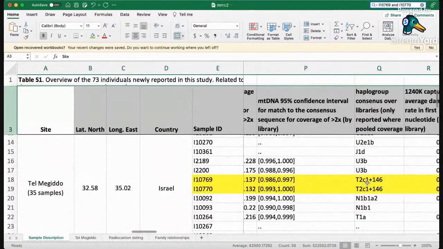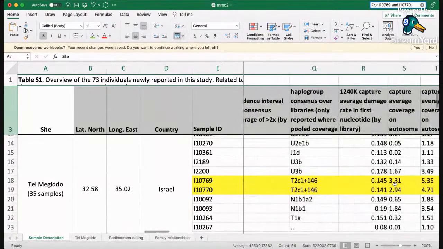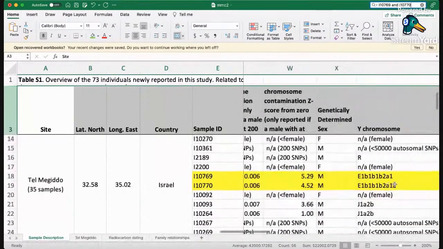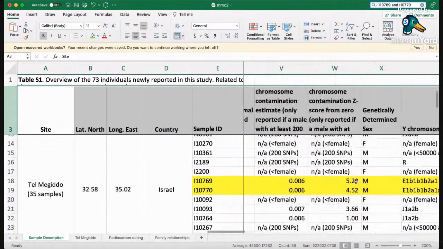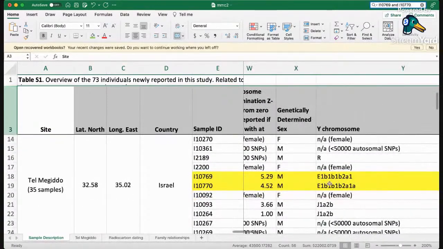So the maternal DNA belongs to T2c1+146, while the paternal lineage, their Y-DNA, belongs to E1b1b1b2a1, E1b1b1b2a1a. So these are the non-Semitic Hurrian brothers.